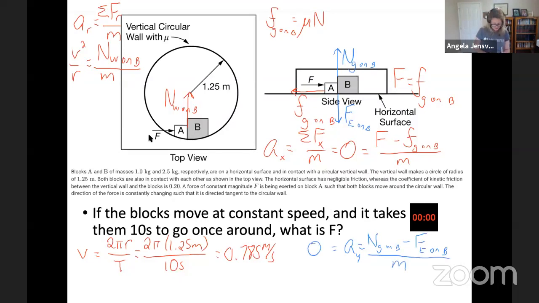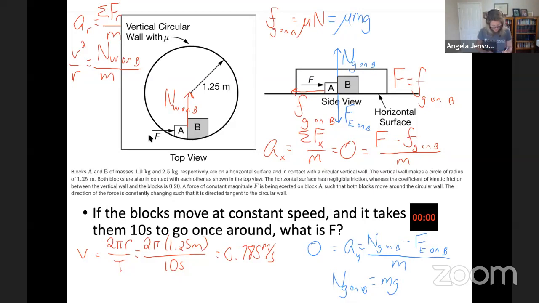So what that means is the normal of the ground on the block is equal to mg. This time normal is mg. But remember, a moment ago it wasn't. So that's why we have to go through this whole process. Okay, so my rant is over. Mu mg. Okay, so we've got the force is equal to friction.